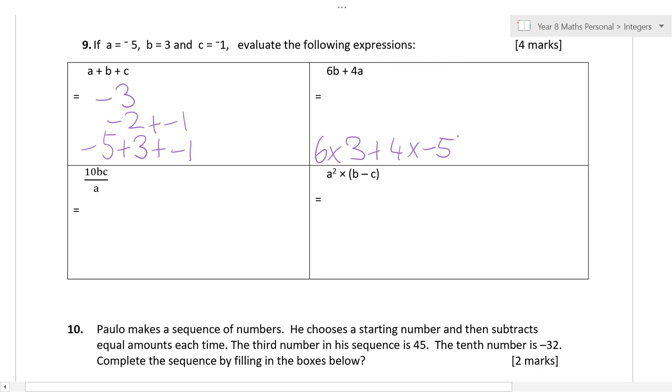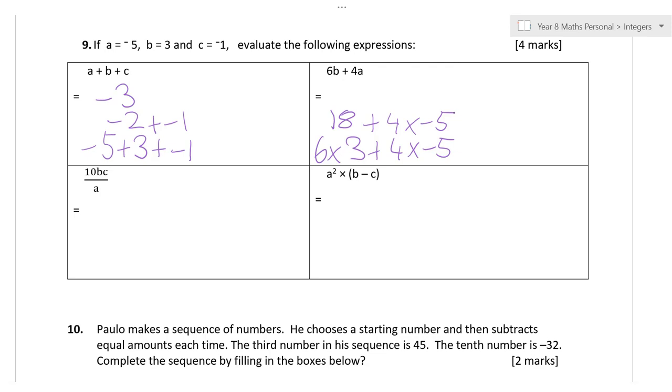And you start with the multiplication, starting from the left. So 6 times 3 is 18. 18 plus 4 times -5. Then you have to do the multiplication again.